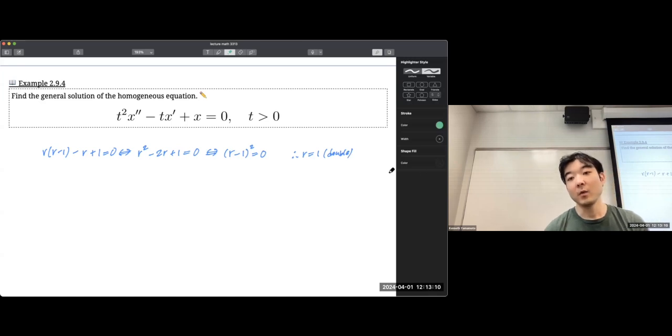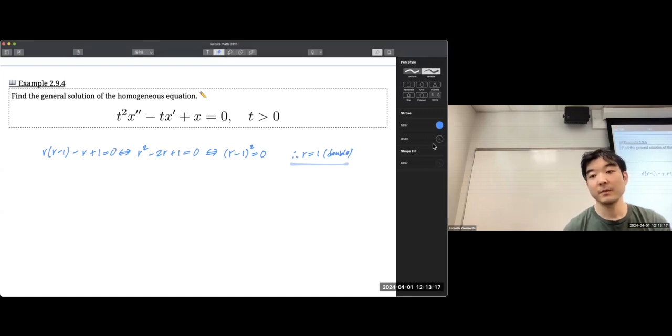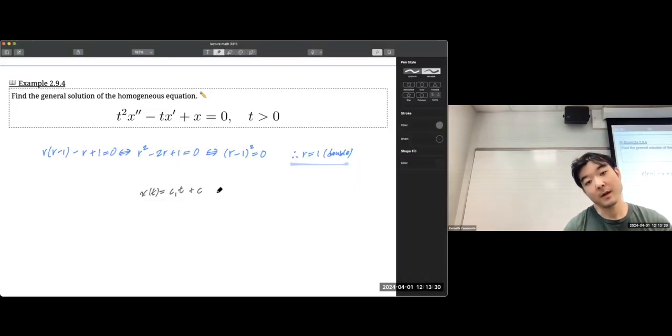So one of the solutions is what we expect, but the other one is going to have to be multiplied by ln of t. So the solution would be c1 t to the 1, and the other one would be c2 t to the 1 multiplied by ln of t.